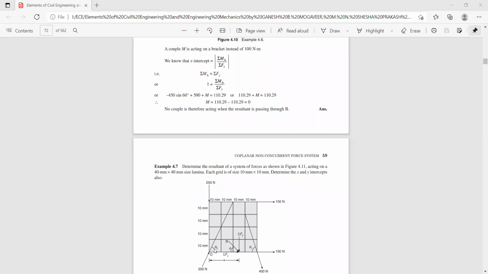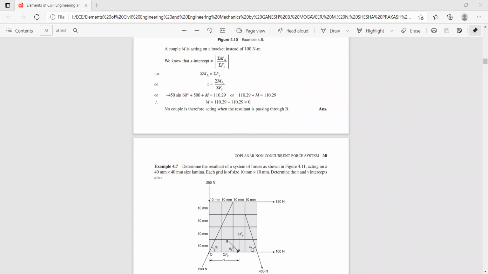Now we don't know these angles, correct? The angle made by this 200 Newton force, when it is directed upwards, you can call theta 2, and this angle theta 1. We can find these angles by using the tan relationship.